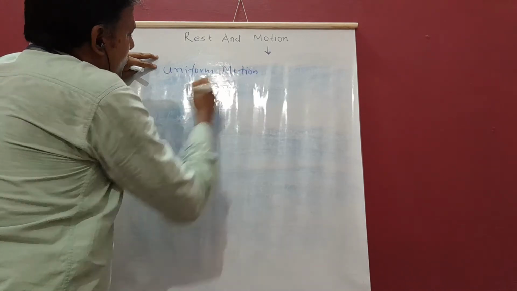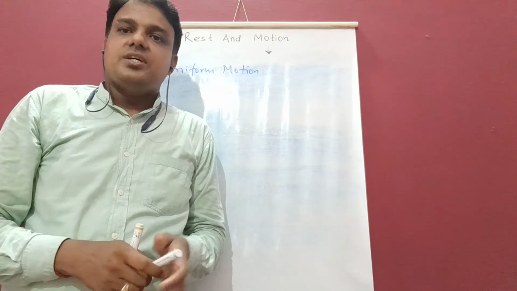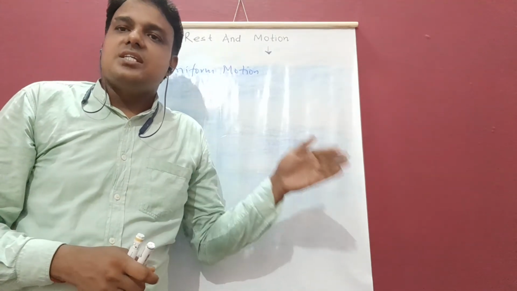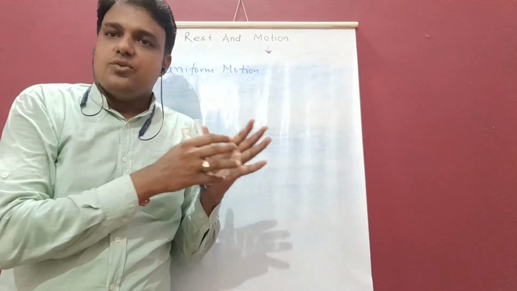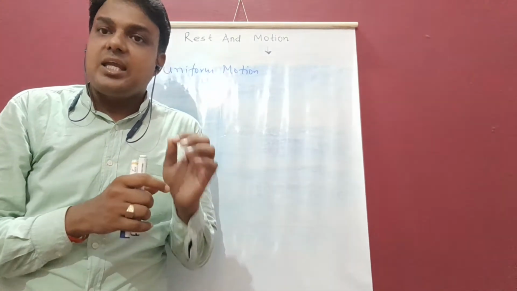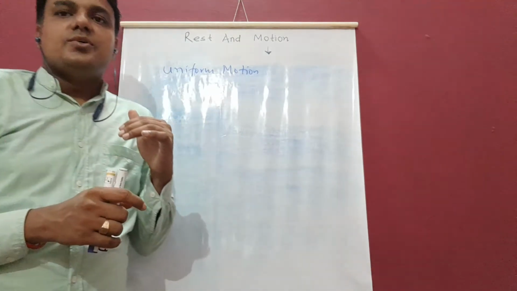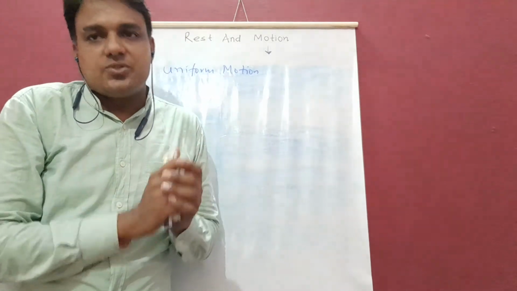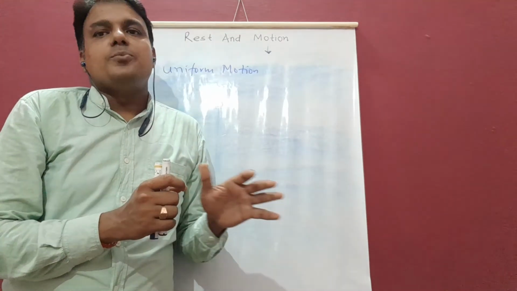Uniform motion is the motion of an object in which the object travels equal distances in equal intervals of time. Then it is said that the object is in uniform motion. Or we can say that if the rate of change of position with respect to time of an object is constant during its motion, then the object is said to be in uniform motion.